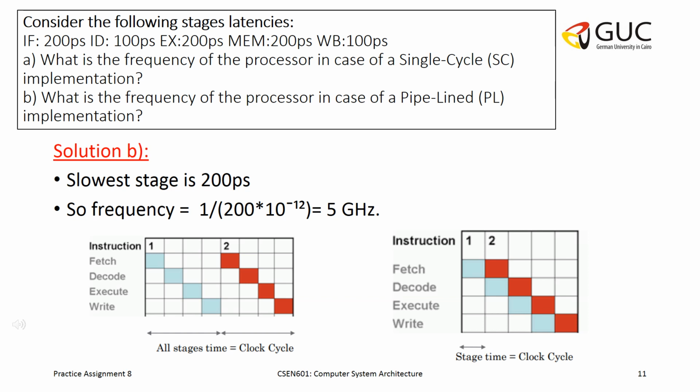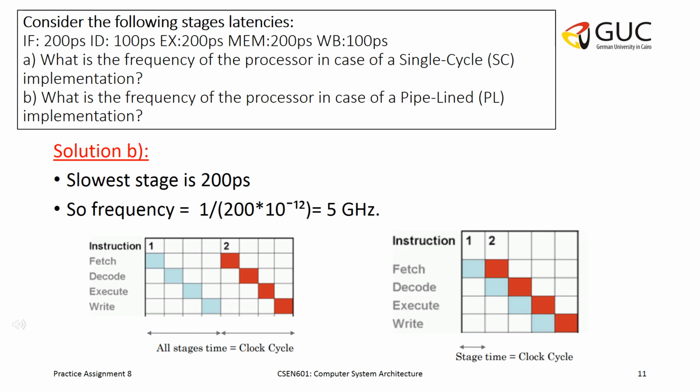So the difference between the pipelining and single cycle is that in the single cycle, all the 5 stages are done in one cycle, so each instruction has to wait for the previous instruction to finish before it starts. However, in pipelining, instructions happen in parallel, as we mentioned before.